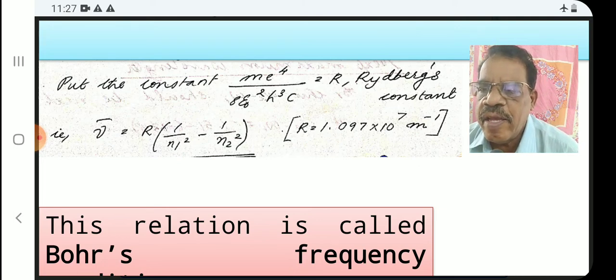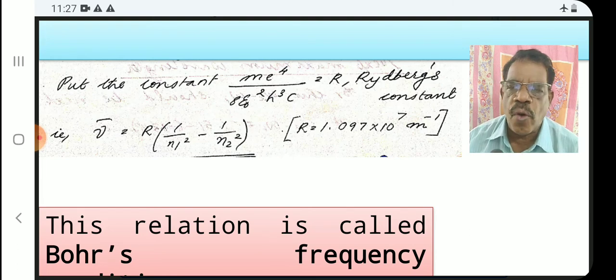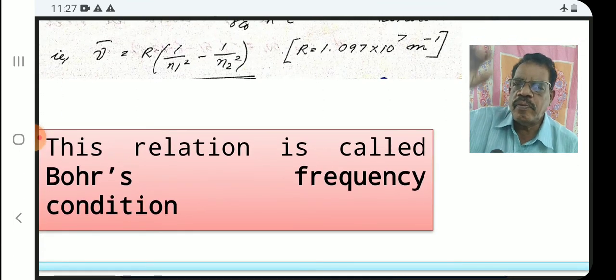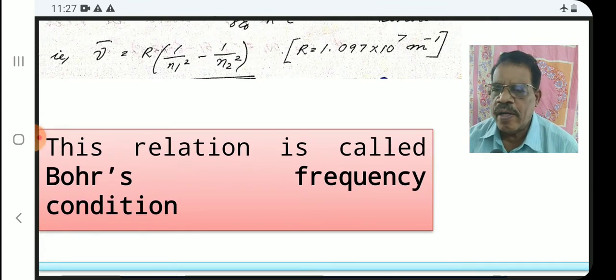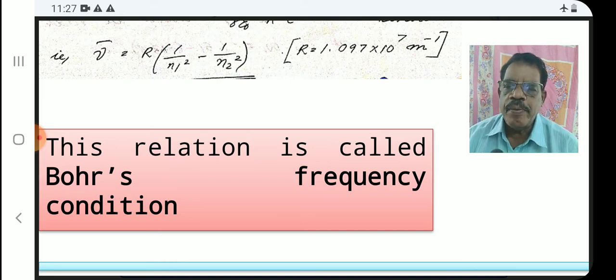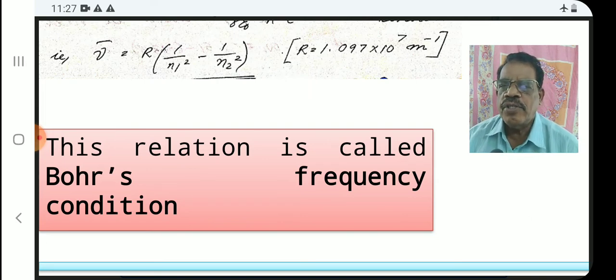And if we put R there, we get nu bar is R into 1 by n1 square minus 1 by n2 square. This relation is also called Bohr's frequency condition. W2 minus W1 is equal to h nu is also a condition representing frequency, but more specifically, the Bohr's frequency condition is written as nu bar is equal to R into 1 by n1 square minus 1 by n2 square.